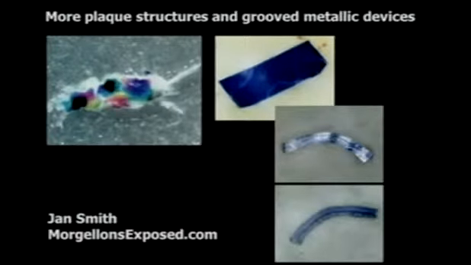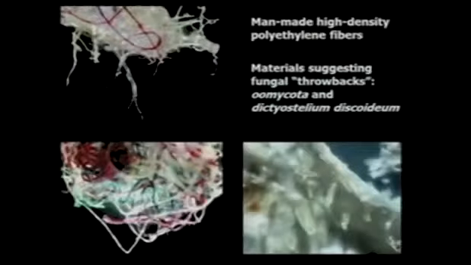On the right, you'll see one device, the front and the back. These images are supplied by Jan Smith of MorgellonsExposed.com, who has done extensive research on biotech websites, looking for things that match what comes out of her body, and she's finding them. The fibers from her skin were from high-density polyethylene.